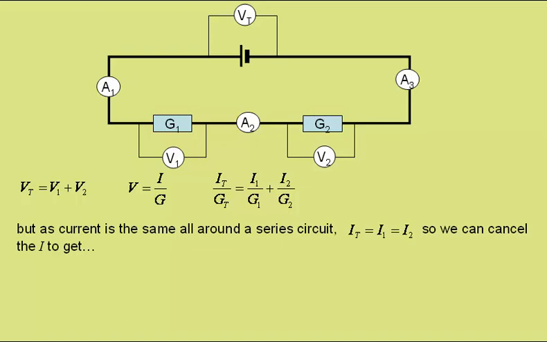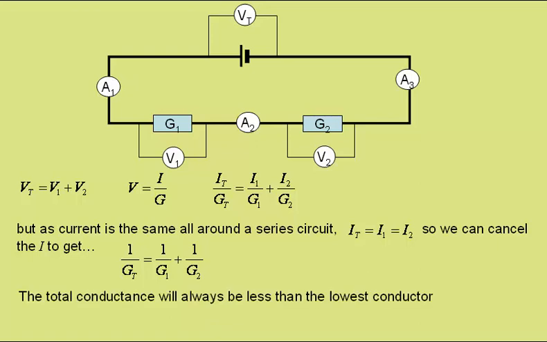But as the current is the same all around a series circuit, the total current is just the current through conductor 1 and also through conductor 2. So we can cancel throughout by I to get that 1 over the conductance of the circuit is equal to 1 over conductor 1 plus 1 over conductor 2.